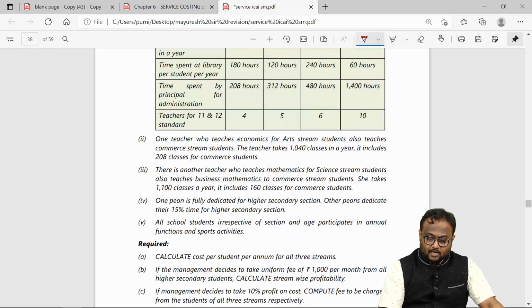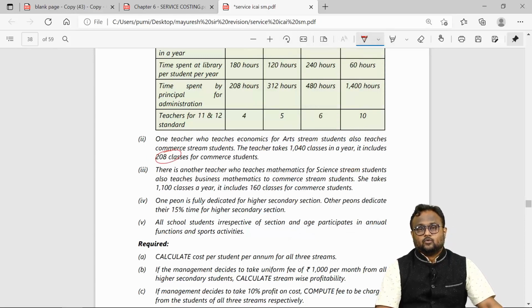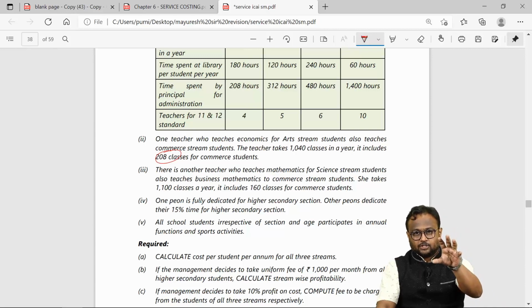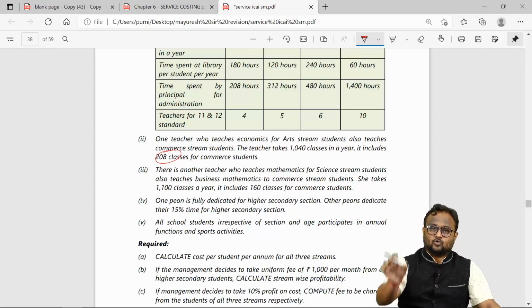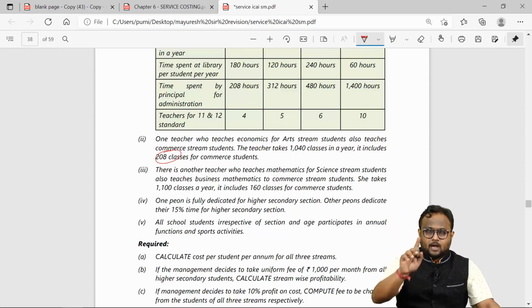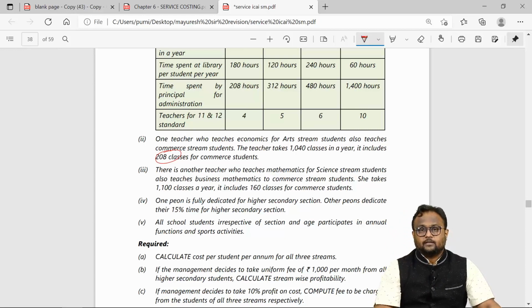That is fine. But out of 1040 hours, 208 hours belong to commerce stream. So total remuneration of teacher divided by 1040 hours will give you hourly rate, multiplied by 208.